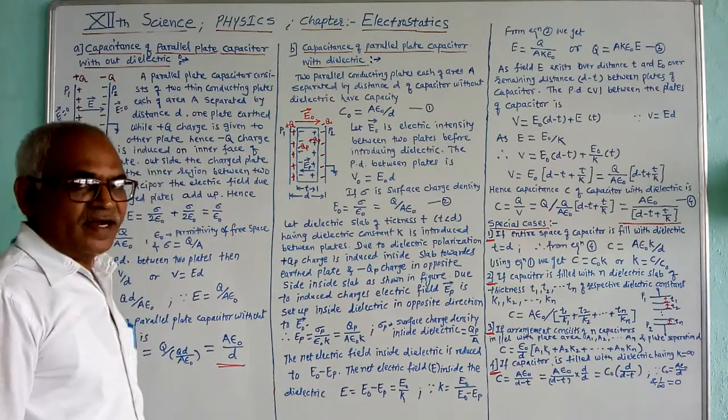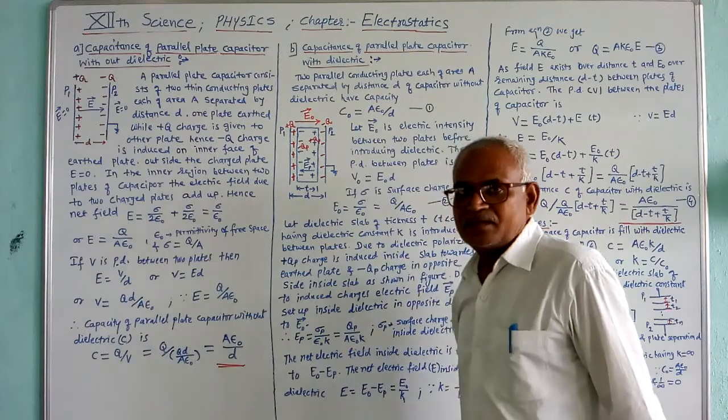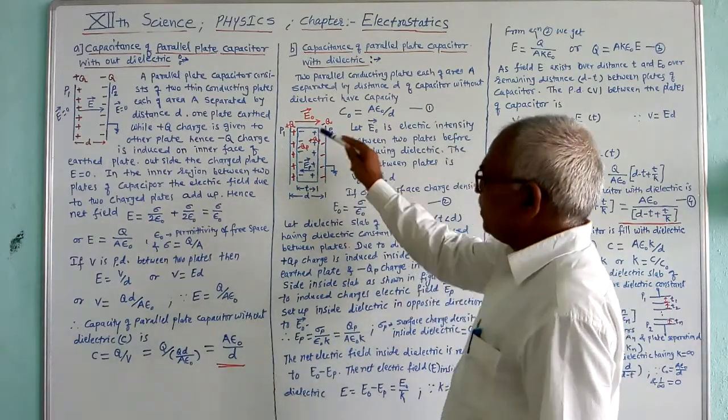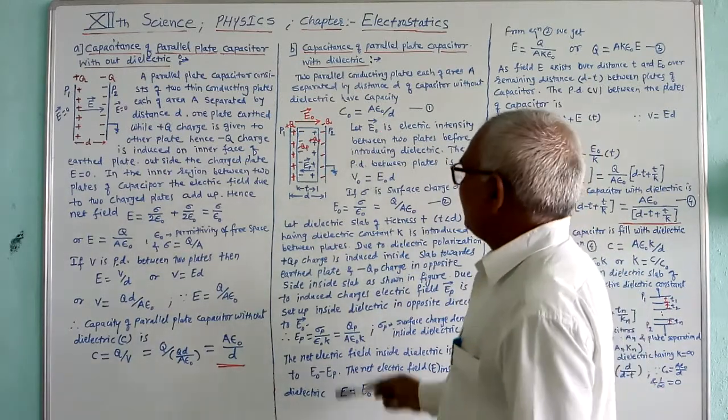As we have seen, without dielectric, the electric intensity in between the two plates of the capacitor is E0.